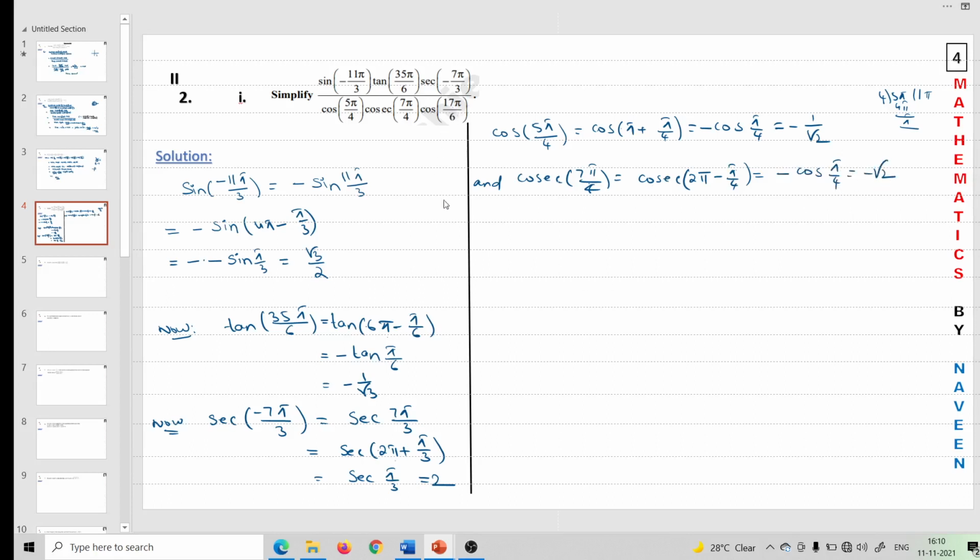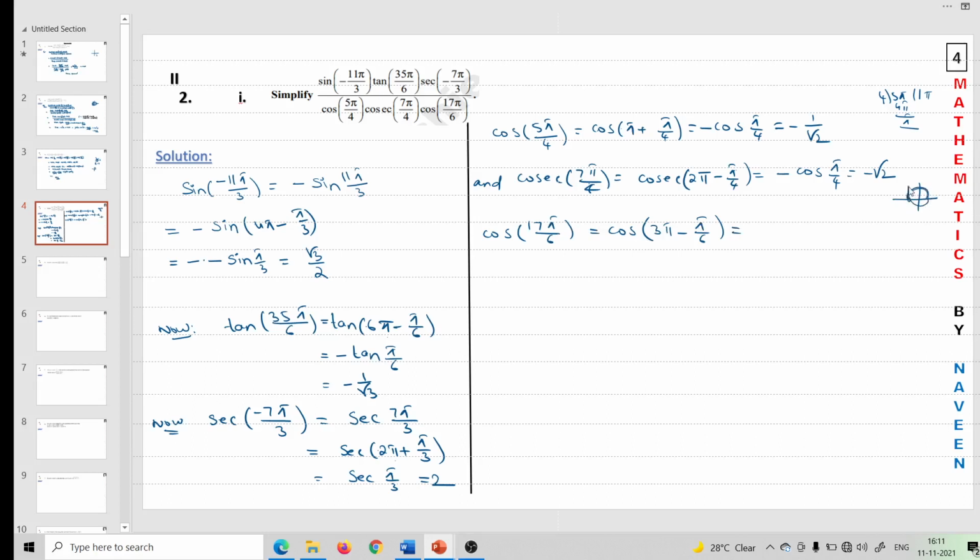And last one, cos of 17 pi by 6. That is equals to cos of, see, 6 3s are 18. 18 is nearby 17, right? So 3 pi minus pi by 6, that is 18 pi minus pi, 17 pi. That is equals to 3 pi. 3 pi means complete rotation 2 pi plus here.